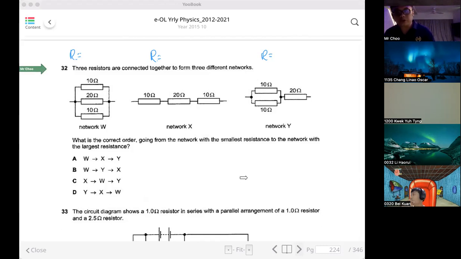Actually, this question doesn't need calculation. So far all of you are correct: Ryan, Yufen, Oscar, Bei Kuan, Hao Rui, Qiao Xing. The answer for this is B.